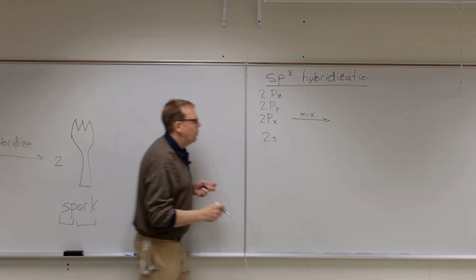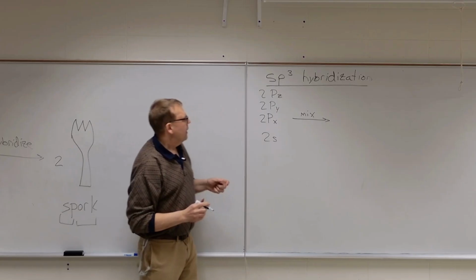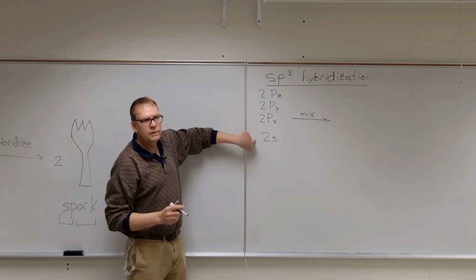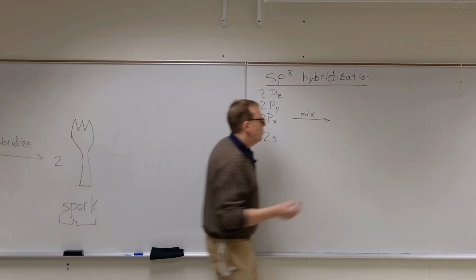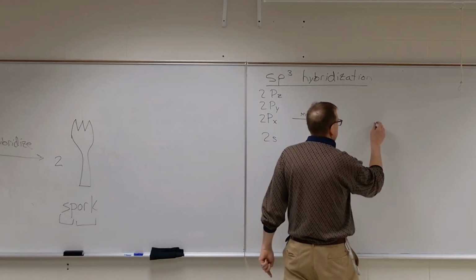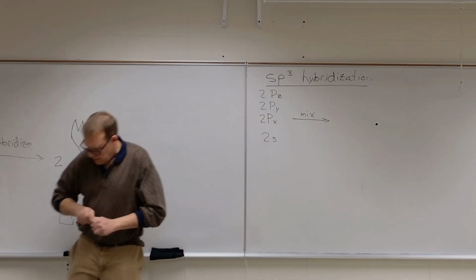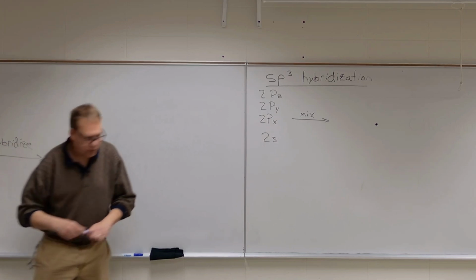We're going to get out some hybrid orbitals. The rule of mixing orbitals is that if you start with 4 orbitals and you hybridize them, you get 4 orbitals out. So what comes out of this is, that's the nucleus. I'm going to show the hybrid orbitals in blue.